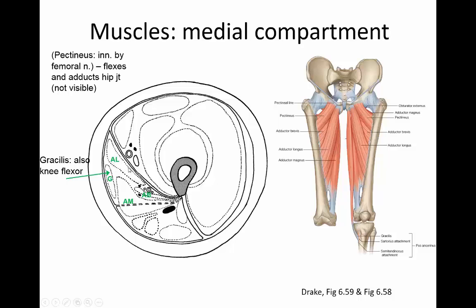Remember that it forms a boundary of our subsartorial or adductor canal, adductor longus. Deeper we have adductor brevis and adductor magnus. Adductor magnus can be thought to have two parts. It has an adductor part, and in the posterior compartment, as it encompasses both, it has a hamstring part.